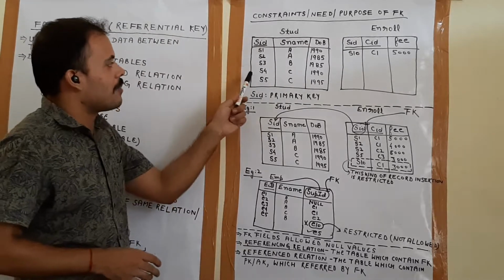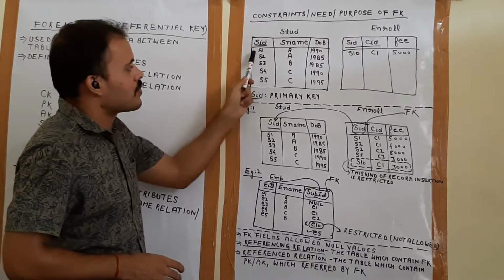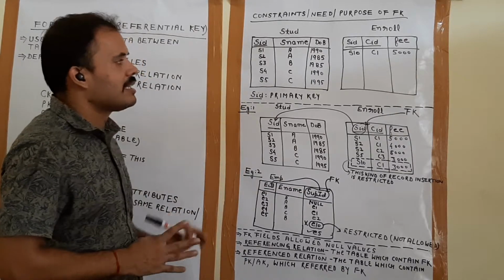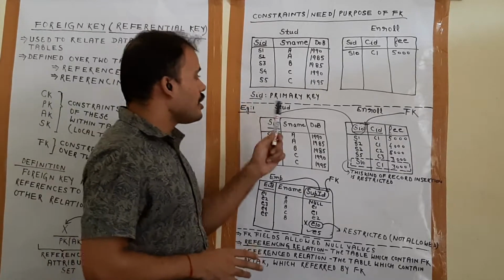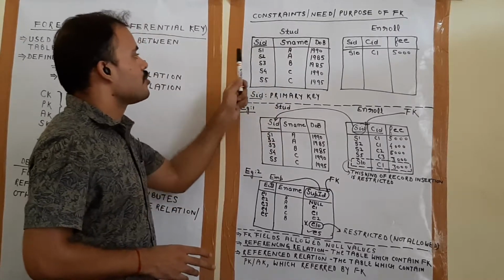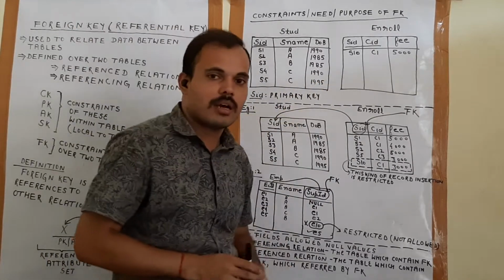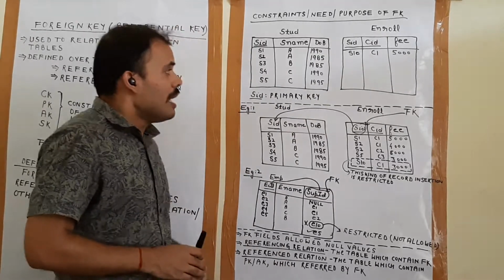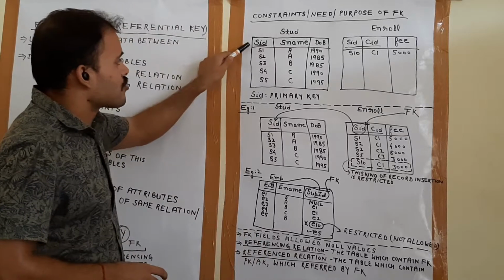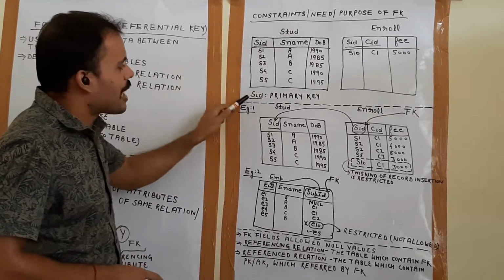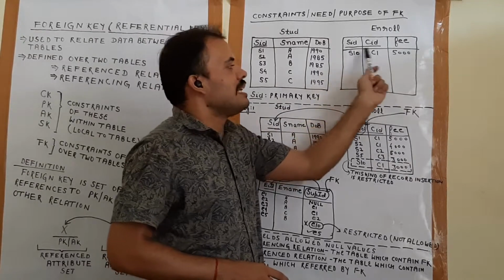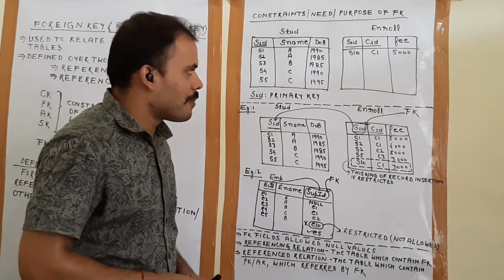In the student table, there are 5 students, S1, S2, S3, S4, S5. But no student is there in the student table whose student ID is S10. Understood? Here SID is the primary key in the student table, and in the enrollment table SID and CID together are the candidate key or primary key.